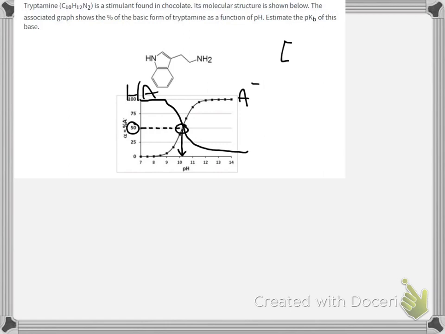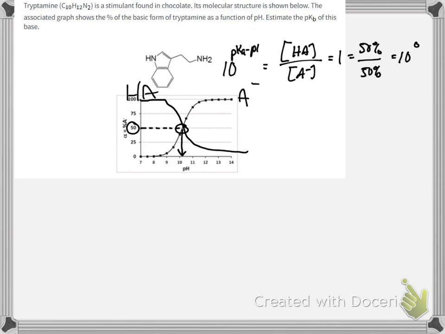Right, so we draw a line down there, and what we've said is at the 50-50 mark, when this ratio is 1, because you have the same amount of HA and A minus, then what we have is 10 to the 0. 1 is 10 to the 0, and this expression of HA over A minus is equal to pKa minus pH.